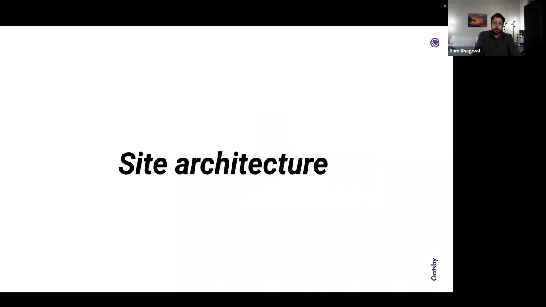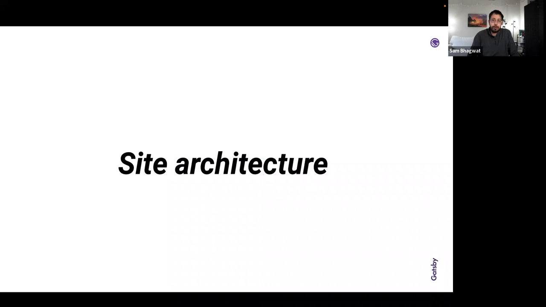Before we dive into the specific technological choices you're going to have to make along the way, let's talk about the site architecture. It's an e-commerce site, and e-commerce sites tend to have fairly uniform architectures.